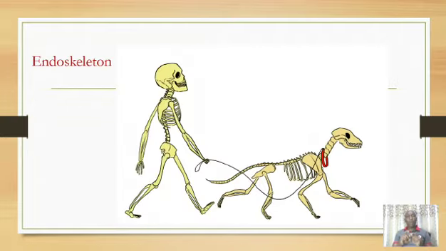The endoskeleton is made of bone and cartilage. Bone is harder, tougher. Cartilage is softer and more flexible. In our bodies, our endoskeleton has cartilage at particular parts, like the ear and the nose. These are made up of cartilage.